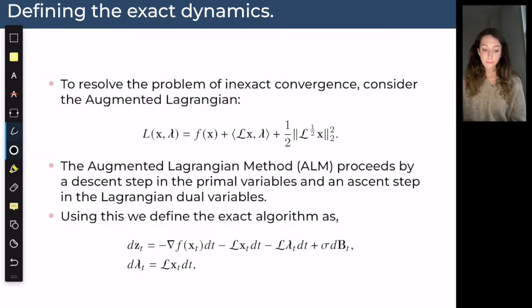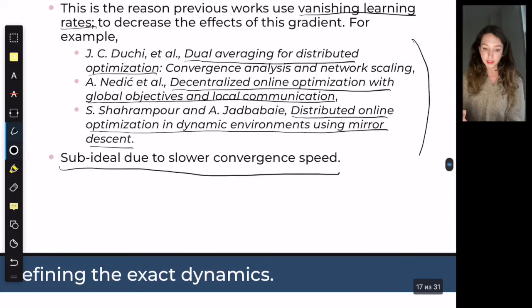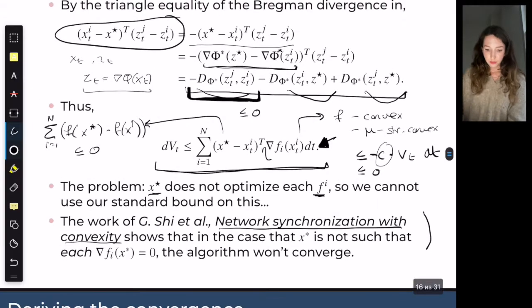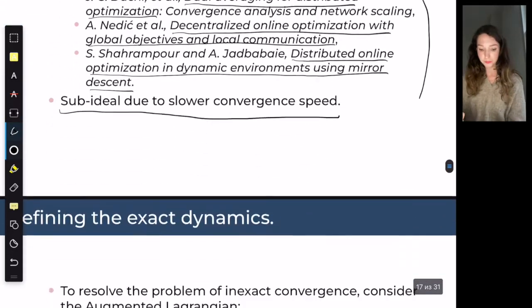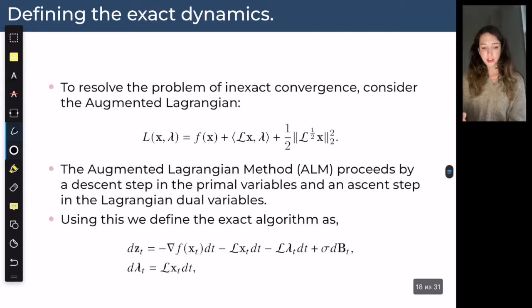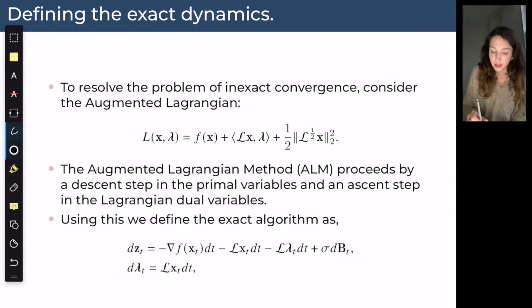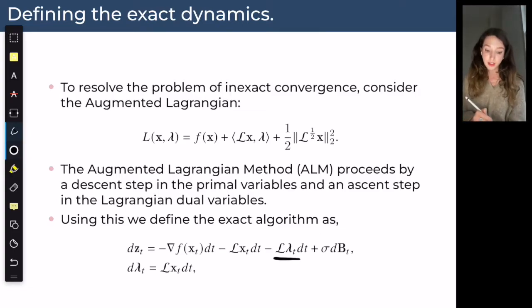And the underlying idea of what we want to do with the dynamics is basically this: we were left with this gradient term with which we didn't really know what to do, how to bound it. So very intuitively, the idea is to introduce another term, and this term is the vectorized Laplacian times this term lambda.